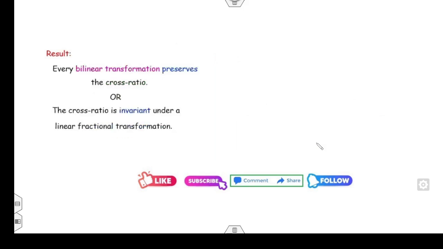Every bilinear transformation preserves the cross ratio.